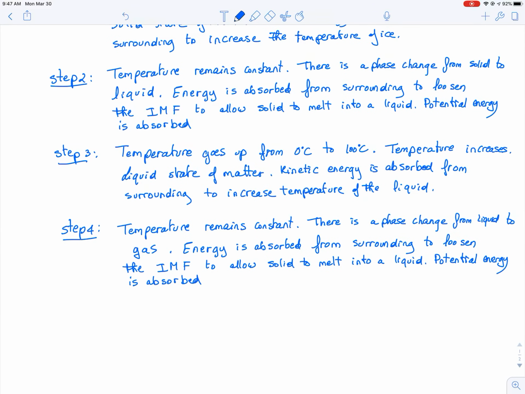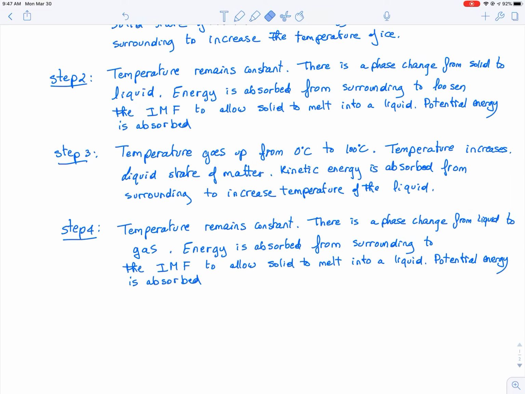So it says there is a phase change from liquid to gas. Energy is absorbed from surrounding to loosen the IMF to allow the solid to melt into a liquid. Are we going to loosen the intermolecular forces? No, we are actually going to completely break down the intermolecular forces.